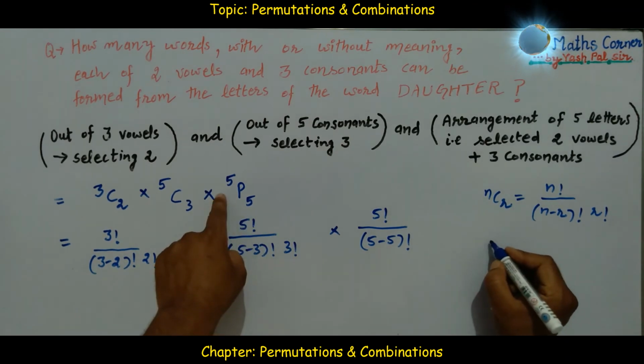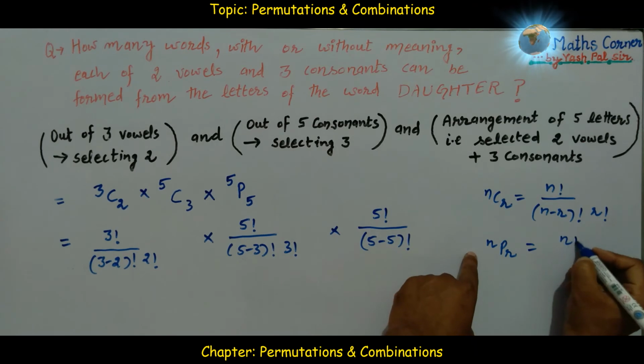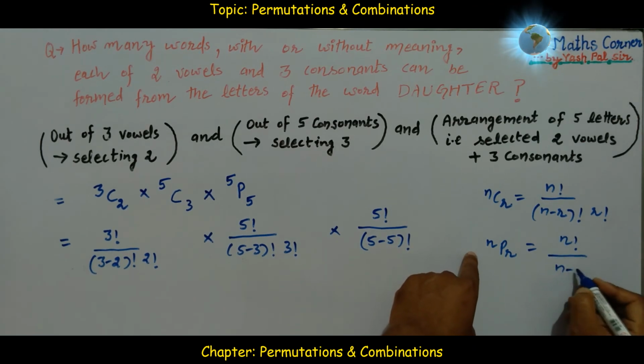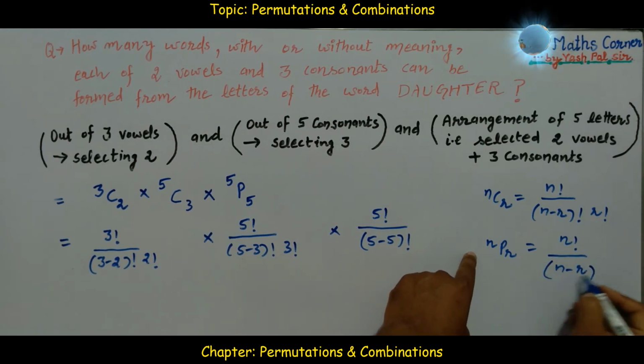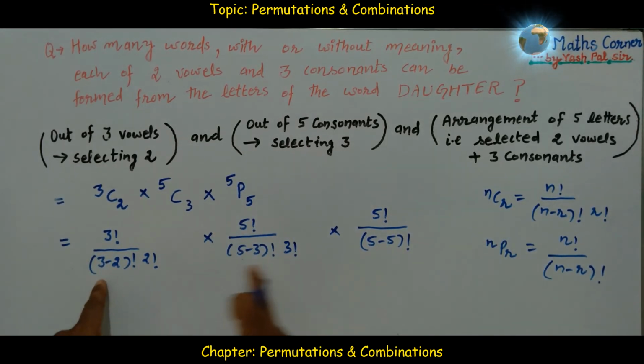Likewise, nPr means n factorial divided by (n minus r) factorial. So these rules are used to expand this.